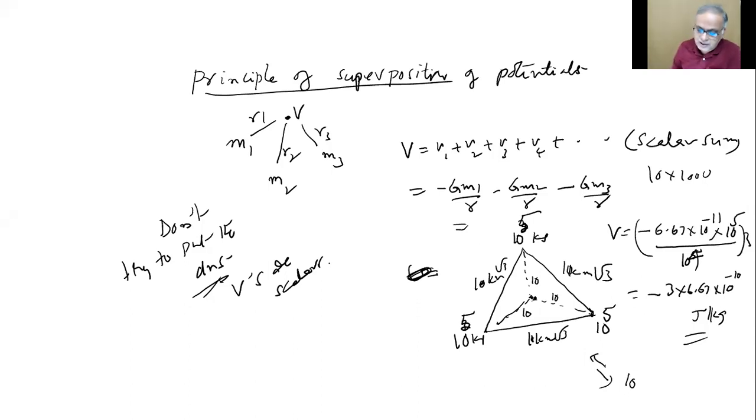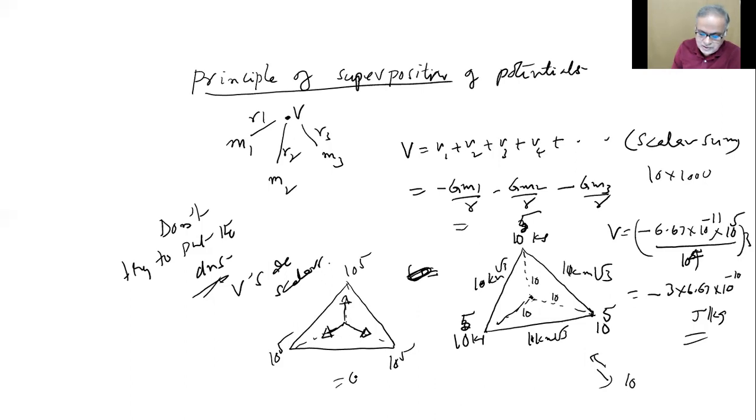But for the same question, if I did field strength, for example, 10 power 5, 10 power 5, 10 power 5, at the center, it is a vector. So it should be towards each mass, and they're all equal, making an angle 120 with each other.